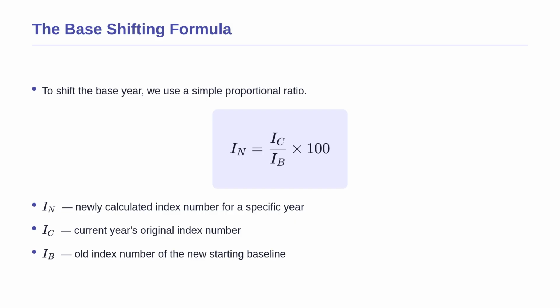IC stands for the current year's original index number from the old series. IB represents the old index number of the specific year we have chosen to be our new starting baseline. Finally, we multiply by 100 because index numbers are traditionally expressed as percentages relative to the base. If the value of IC increases, the new index IN also increases, maintaining the exact same proportional relationship as the original data.